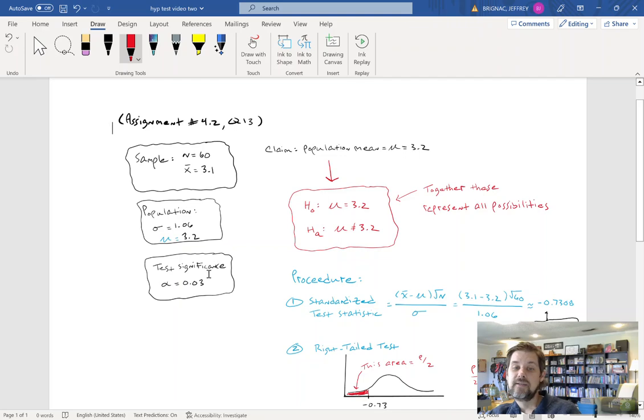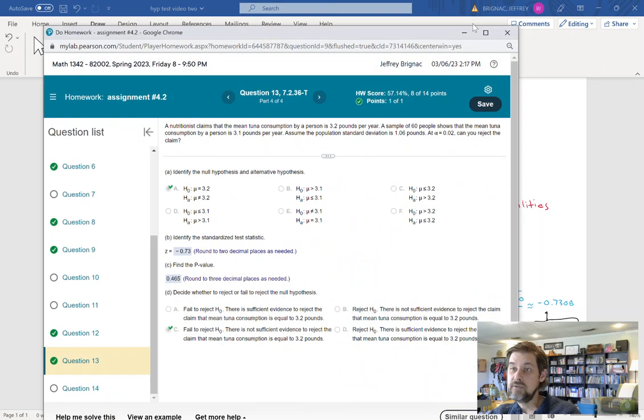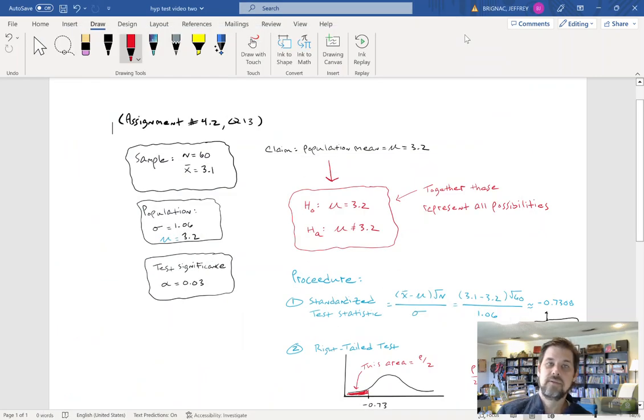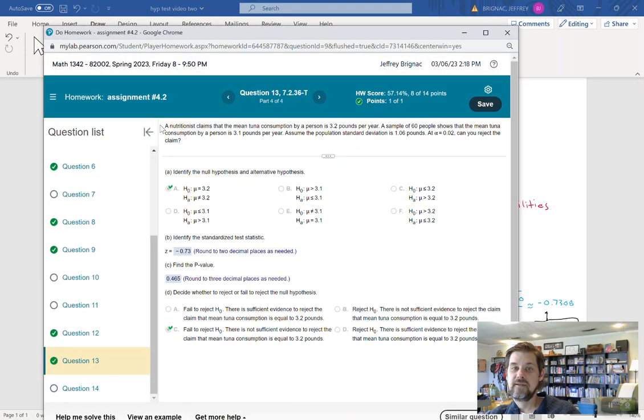Test significance 0.02. And then the claim within that problem about the population mean is that the population mean is 3.2 pounds per year. That was the very first sentence in this question. That is the claim about the population mean right there.